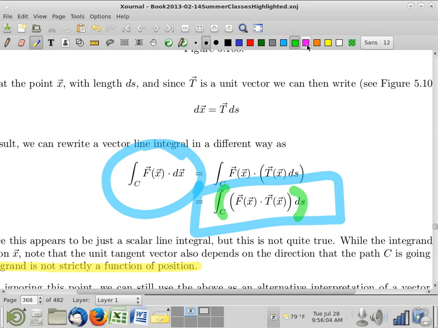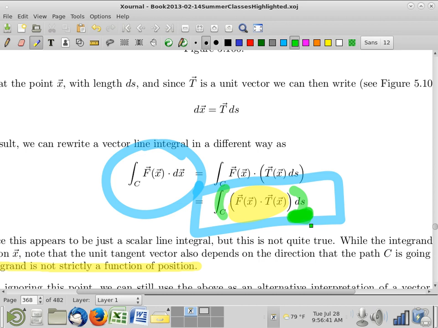So there is an object in here which I'm multiplying by the size of the little piece of curve and adding up over the curve. Still, I think it's worthwhile to observe that this vector line integral is a different kind of integral. This really is a new kind of integral. But it is closely connected to this old scalar line integral construction. And it's tempting to say, oh my gosh, look, it really is a scalar line integral. You can see right there, look, integral of something ds.